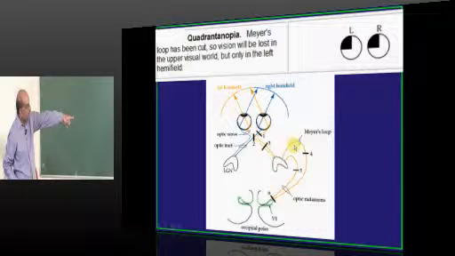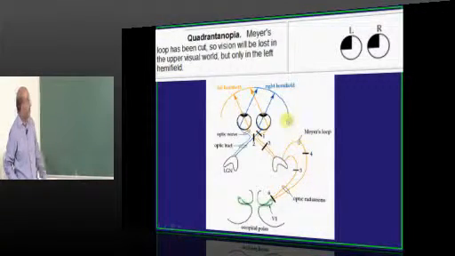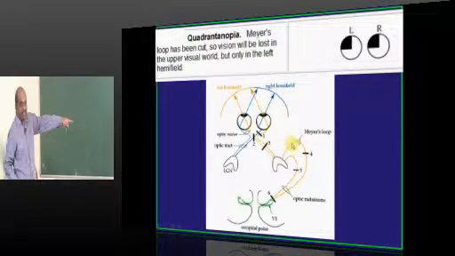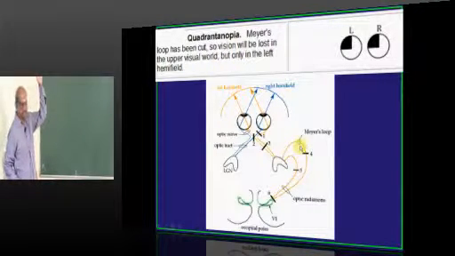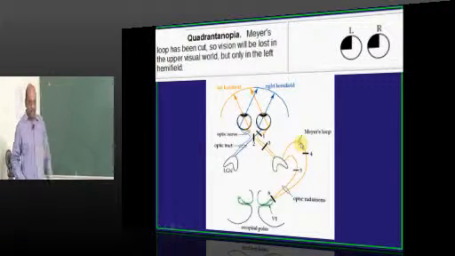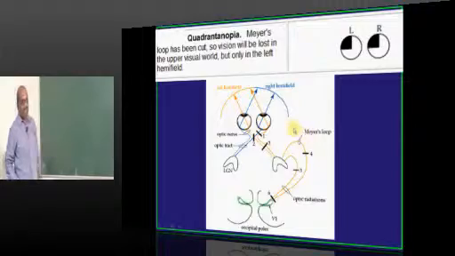Any of these loops can get affected. So, suppose if Meyer's loop is cut, then the vision will be lost in the upper visual world, in that upper quadrant, right? So, where is the Meyer's loop basically passing through?